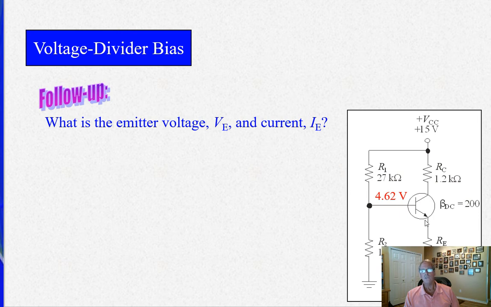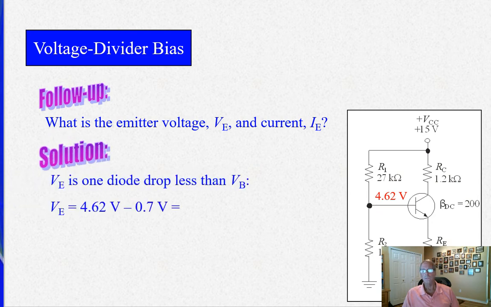This VBE is a diode. So 4.62 minus 1 diode drop, that's 0.7 volts, you end up with 3.92 volts. So if you have 3.92 volts here at the emitter, what can you calculate? Well, you can calculate the emitter current, right?